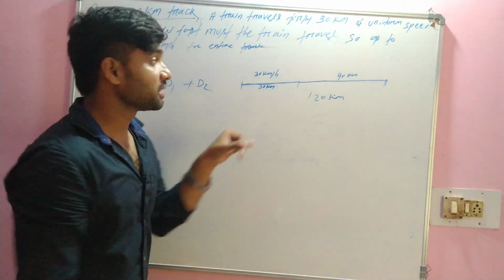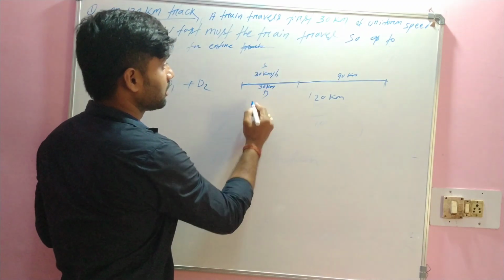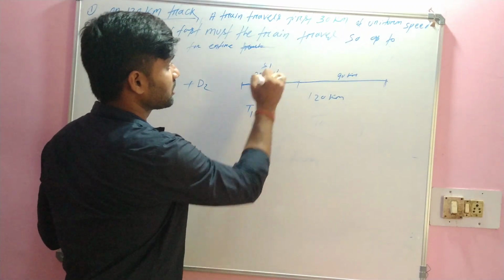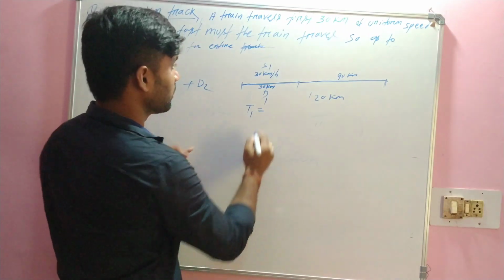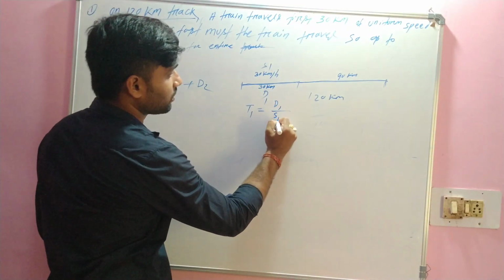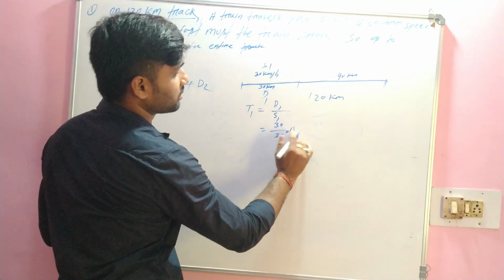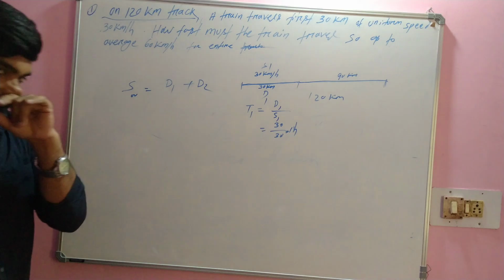So let's find the time. Speed and distance are given. Can you find t1? t1 means d1 by s1, 30 by 30, that means 1 hour.